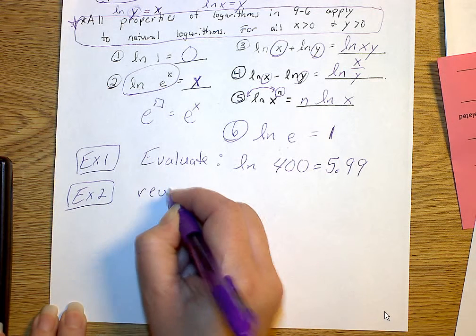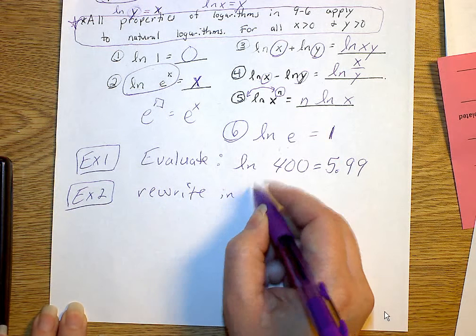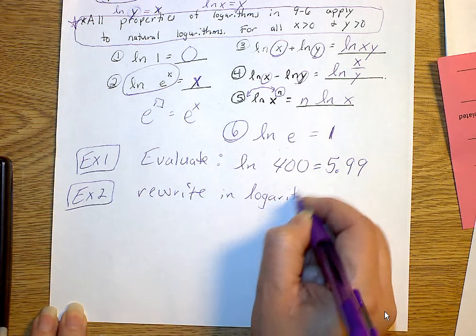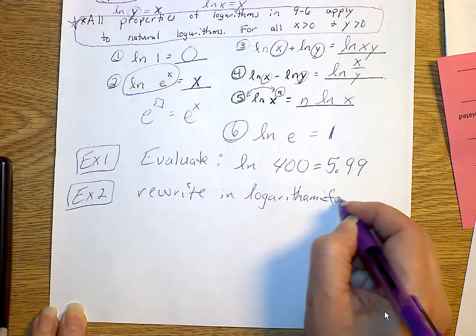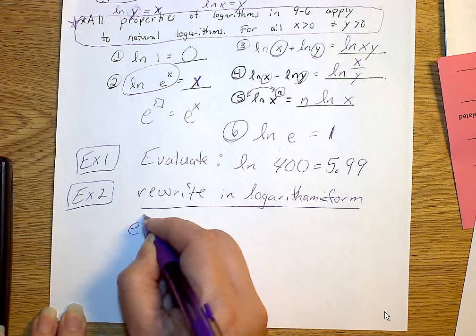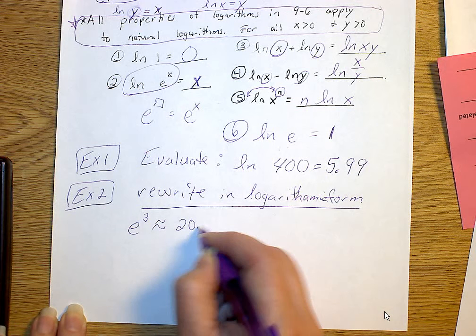Example 2. Rewrite in logarithm form: e to the third is approximately 20.1.